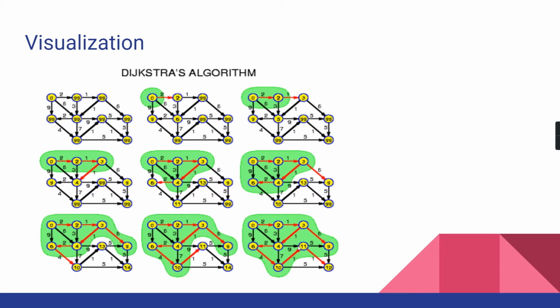Once that's added to the set, we're going to look at the only vertex that's left, which is here. With this edge weight of 1, we can reduce the minimum cost to get to that node from 14 to 12, since the distance from the source to this vertex would only be 12.